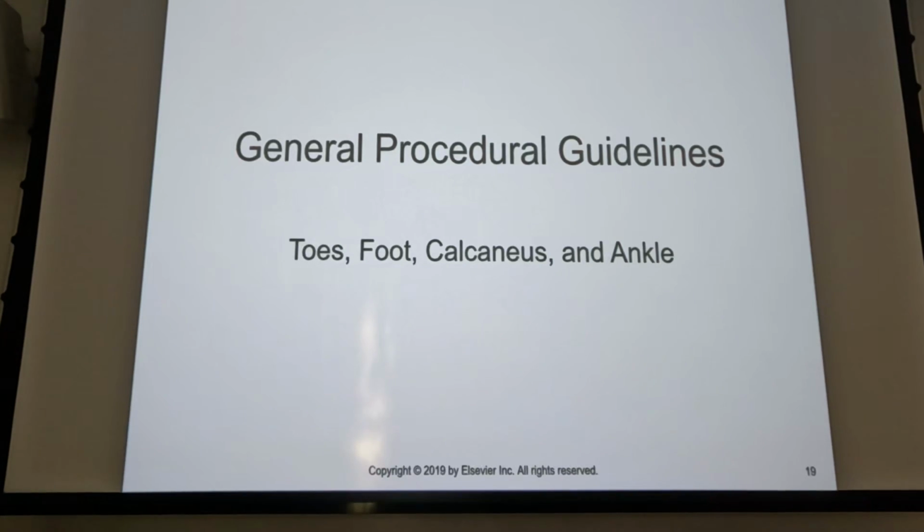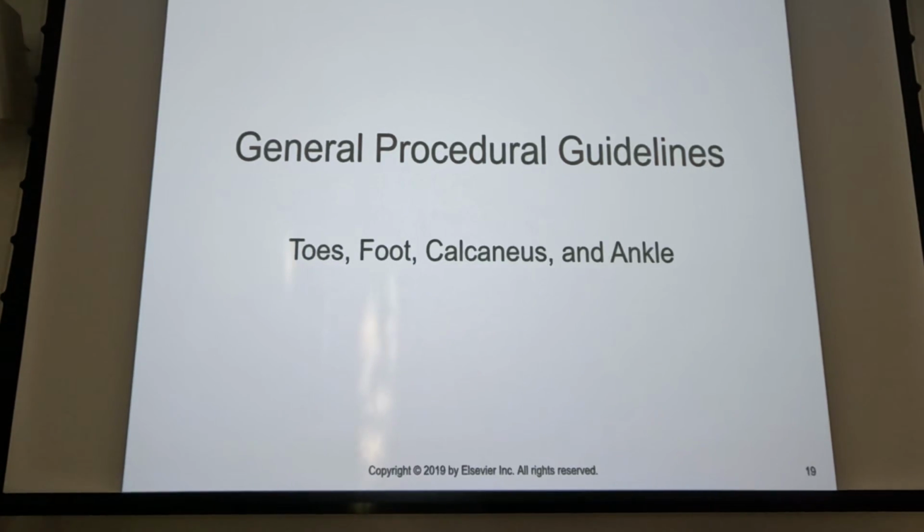So now we're going to talk about toes, foot, calcaneus, and ankle. I hope to get through knee today. Tib fib is just too confused. Tib fib does bear some explanation on things that you should do if you know that you've got a patient with a broken tib fib, but as much as the projections, it's just pretty simple.